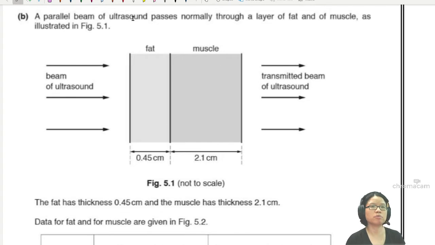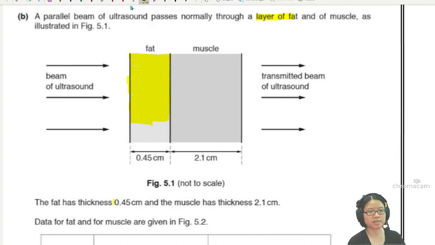Part B. A parallel beam of ultrasound passes normally through a layer of fat. So we have a layer of fat here, which I'm going to color yellow, because we all know fat tends to be yellow. And then another layer of muscle.